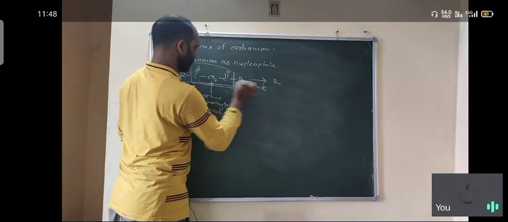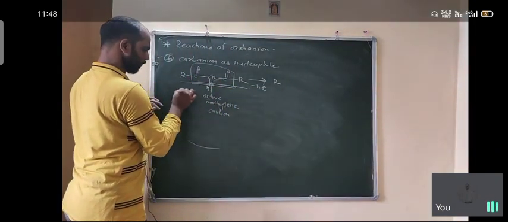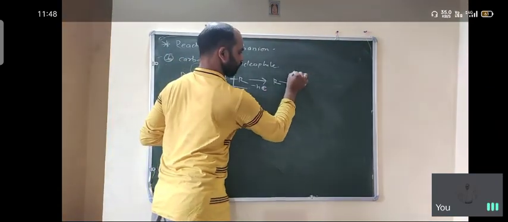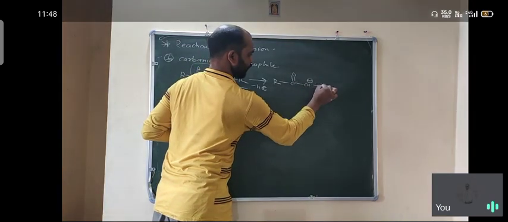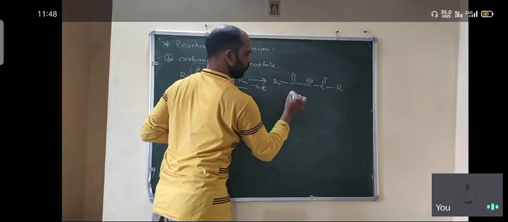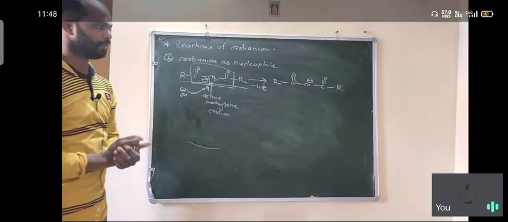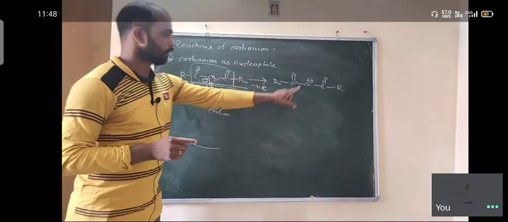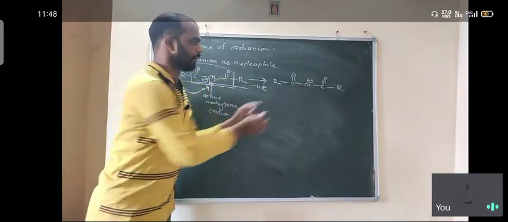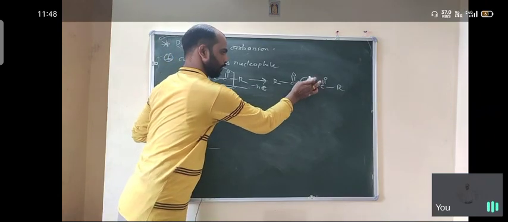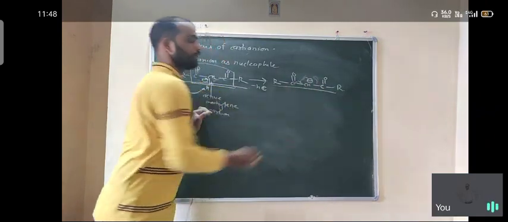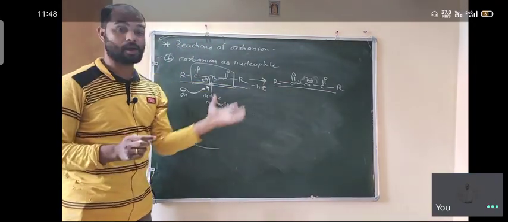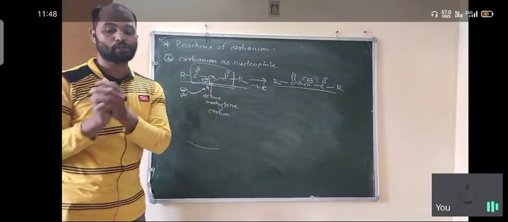Suppose minus H plus, and I just write here OH minus, suppose we use that. So here is the formation of CH negative C double bond O R. Once the carbanion is formed, it is more stable than with a single carbonyl, because on both sides the carbanion will stabilize. But here the carbanion is a nucleophile, not an intermediate, because it reacts with electrophilic species.